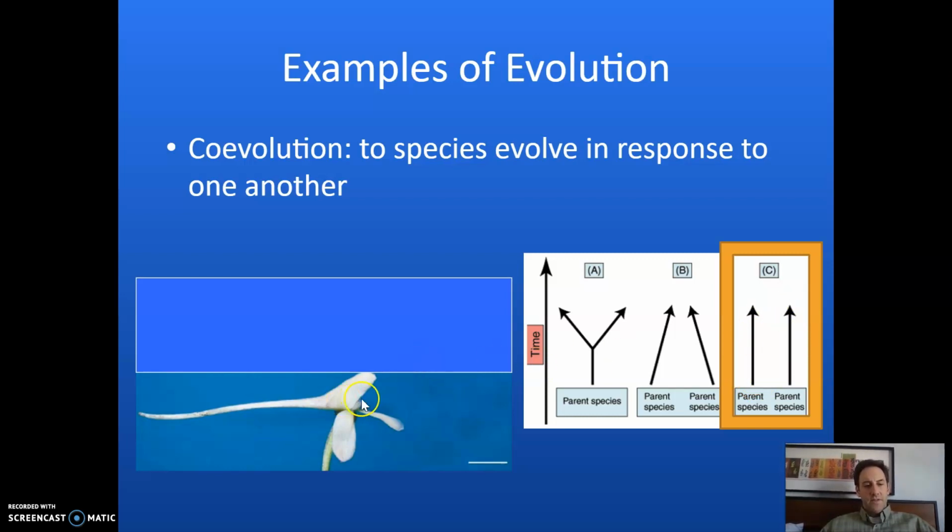So an example of this, there's this ridiculous flower. Look at how long this thing is. Now, the reason why plants have flowers is to attract insects so that those insects can spread the flower's pollen. But in order to get the insect to spread the pollen, the flower needs it to nuzzle up against that flower.